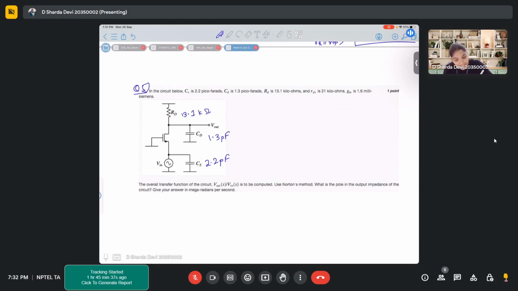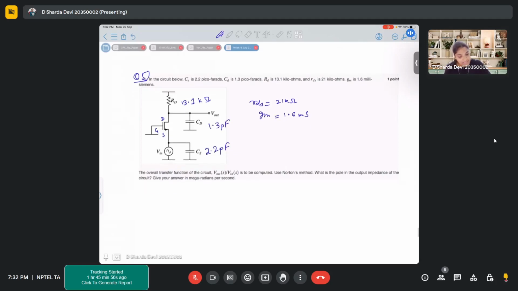Small RDS, this is gate, source, drain. So small RDS is 21 kilo ohms. GM is 1.6 millisiemens. The overall transfer function of the circuit is to be computed. Use Norton method. What is the pole of the output impedance? Pole and the output impedance of the circuit.